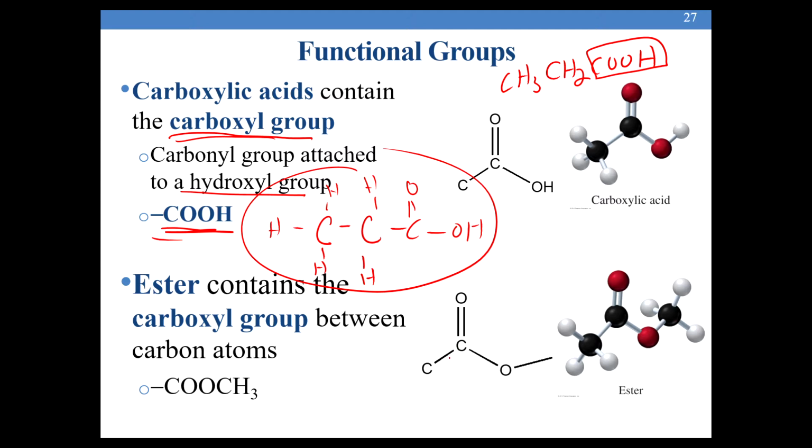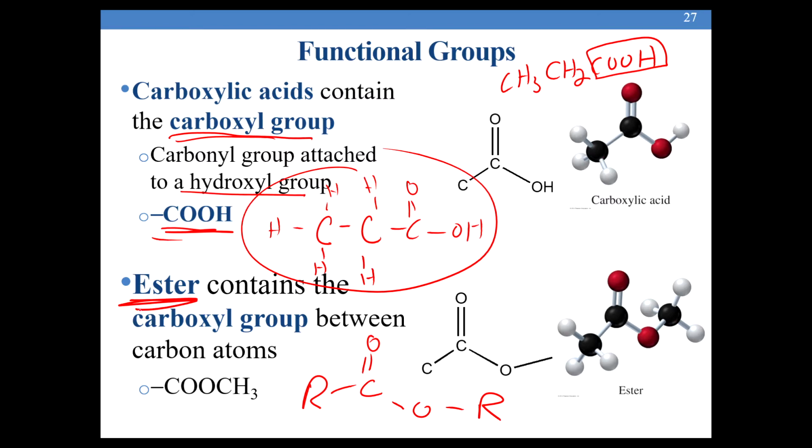Ester also contains that ketone component, but you see the carbon is connected to an oxygen that is bound to another carbon, okay? So sometimes you might see R, C, O, R, written like that, and that's the ester. No H in that name. Check your spelling.